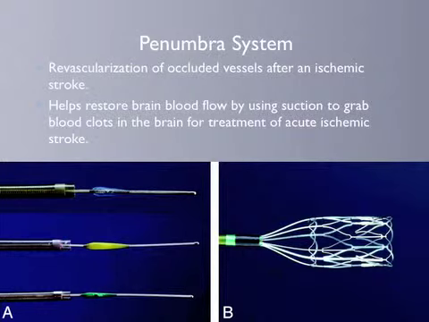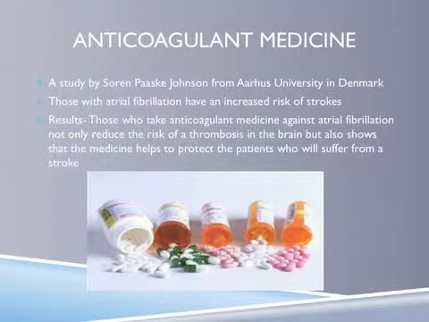Now, a recent article came out in the Journal of the American Heart Association called Stroke. The scientist who ran the study was Søren Paaske Johnsen of Aarhus University in Denmark.